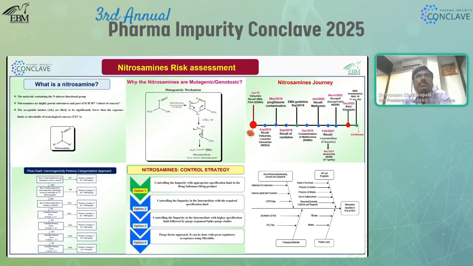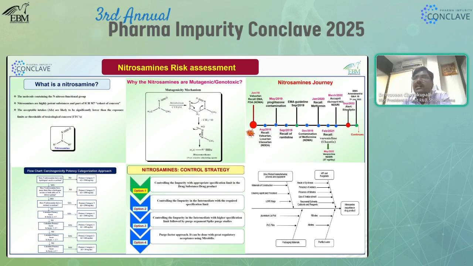Otherwise, if the AI limit is not available, you can use the carcinogenicity potency calculation approach, that is the CPCA approach, to calculate the acceptable intake limit and control it in the drug substance or drug product.